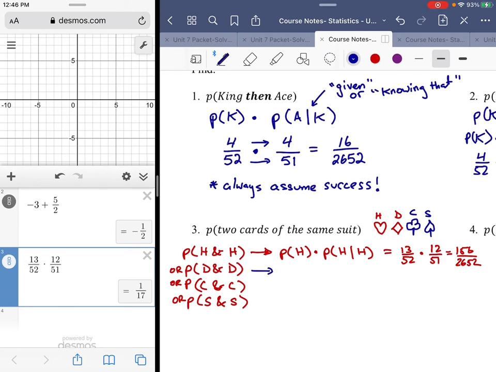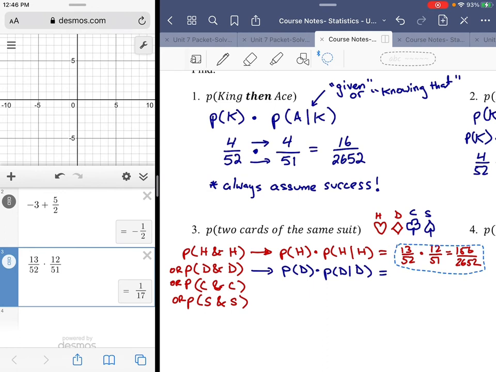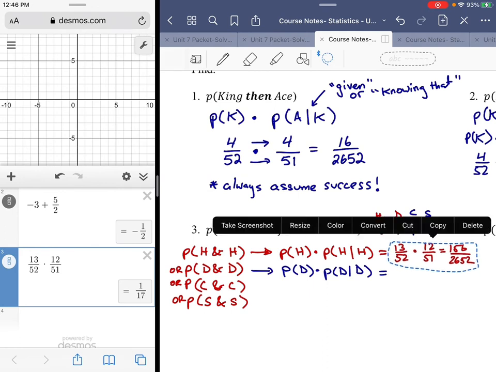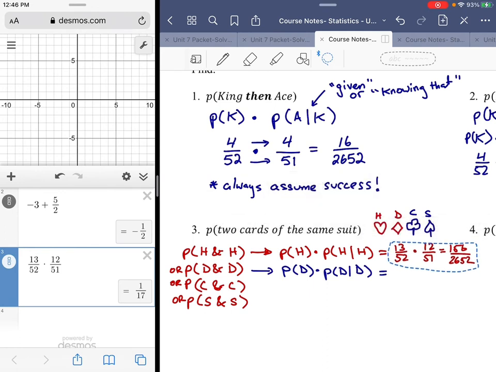Now, the diamond and diamond would have the same general structure because an or is a reset. So it would have the same breakdown because there's the same number of diamonds in the deck as there are hearts. So computationally, we're actually looking at the same thing.